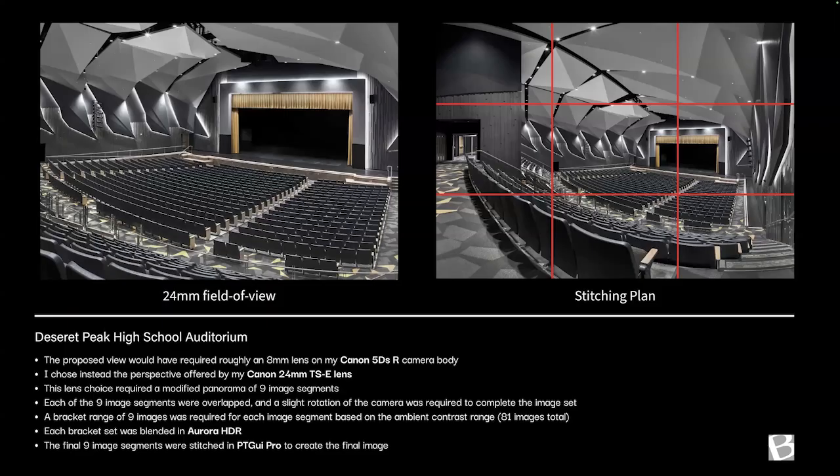And so I came up with a stitching plan, which meant that I needed to have 9 images that I was going to stitch together in order to use that 24 millimeter lens.